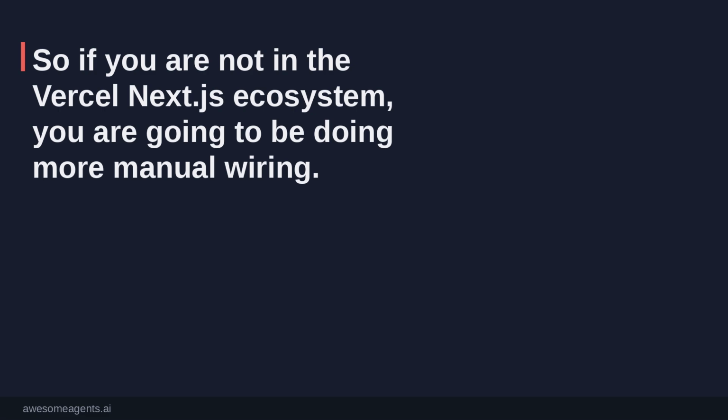This is Next.js first. The reference implementation uses Next.js route handlers. The architecture is designed for Vercel's serverless model with Redis state management. So if you are not in the Vercel Next.js ecosystem, you are going to be doing more manual wiring. Correct. It runs on any Node.js 20 plus environment, in theory, but the ergonomics outside that stack will be rougher.